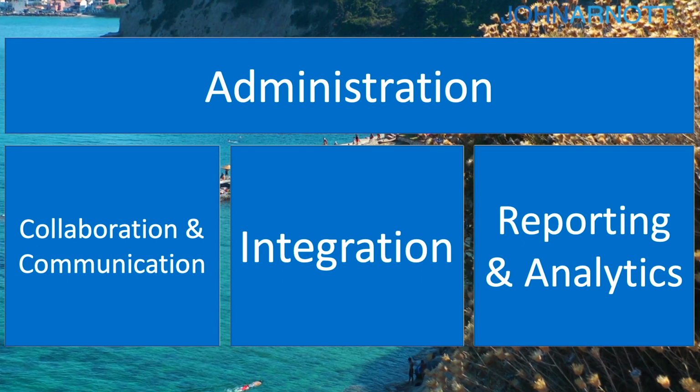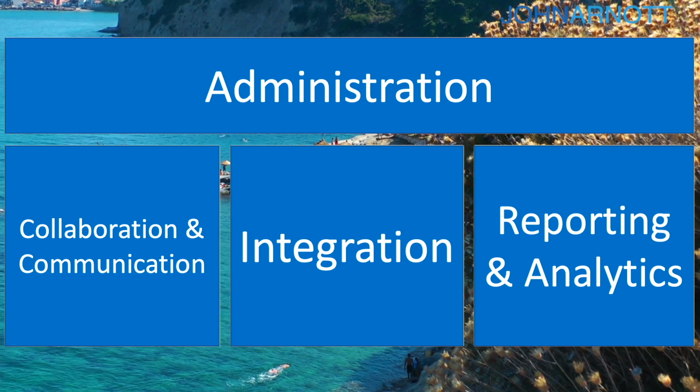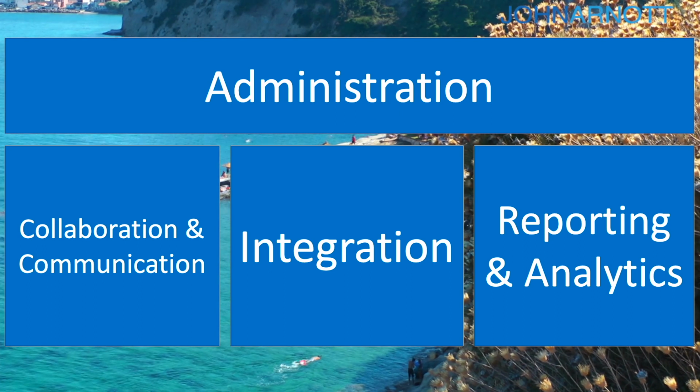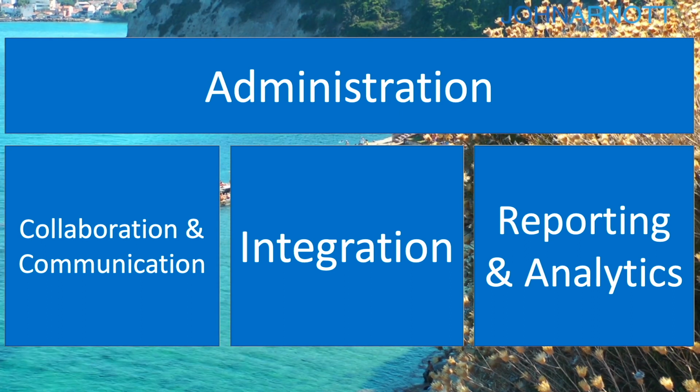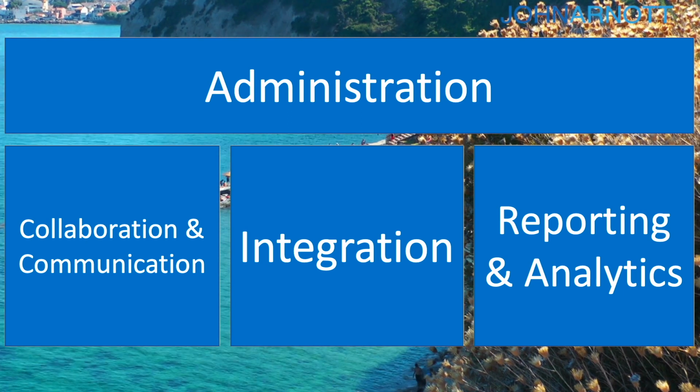And the foundational system that your whole organization is going to need right off the bat is collaboration and communication. Look, email sucks. I don't care how big your company is. If you're managing your communications through email, you're going down a path that will not scale well.